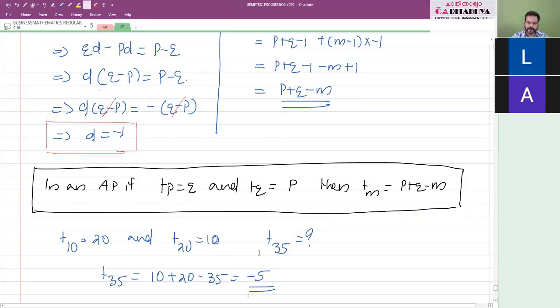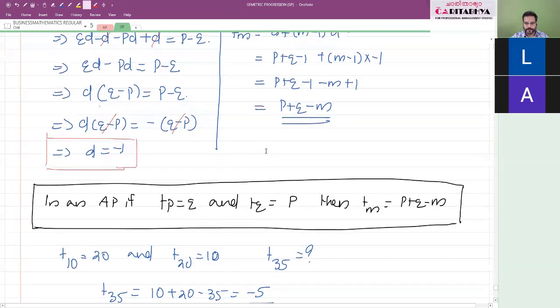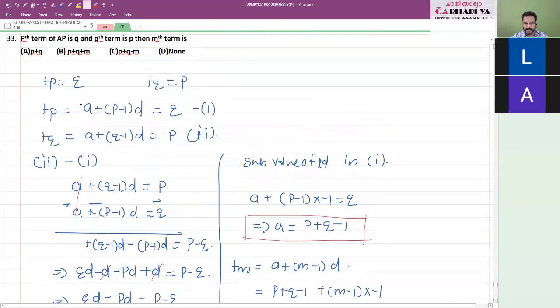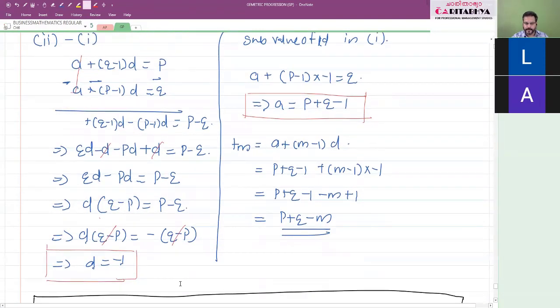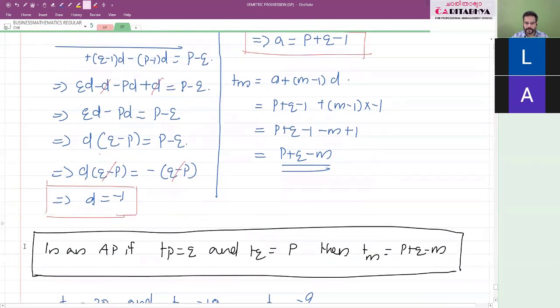Now, the question is a property, answered in seconds. The steps are the proof actually. So note this box formula: in an AP, pth term Q, qth term P, then mth term is P plus Q minus M. Clearly? Yes, sir.